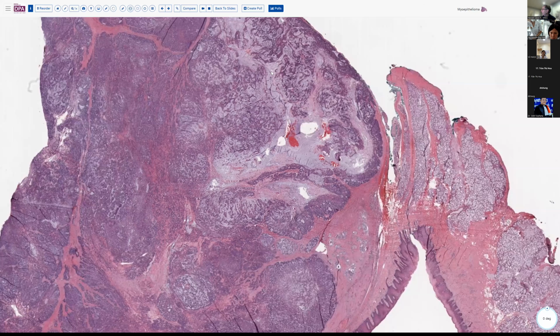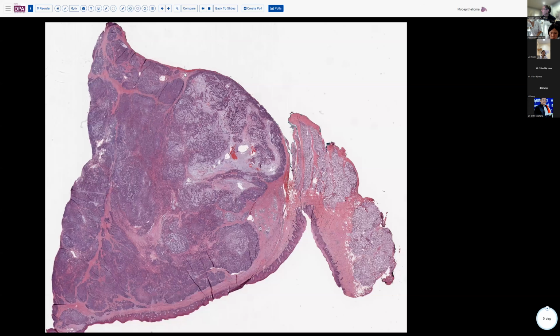Obviously, they put some ink on here, but that's going to be a problem if this is the margin up here, because this is from the hard palate, for example, it could be clearly positive. But this myxoid pattern and the sort of chaining and nesting with this lobulation appearance is fairly characteristic of myoepithelioma.